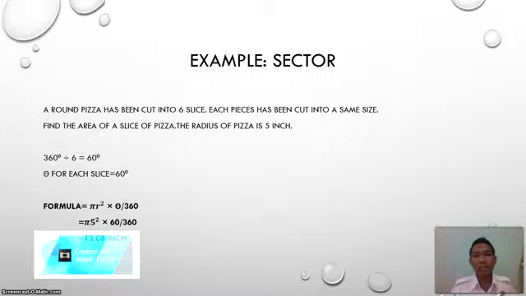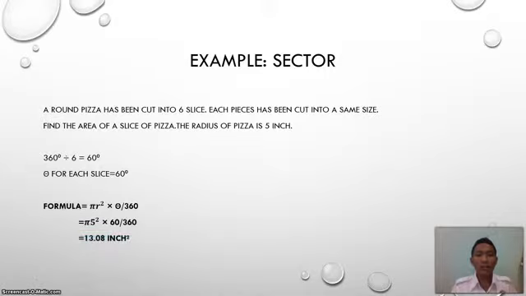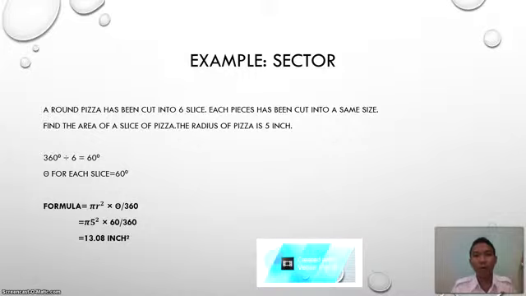So 360 is divided by 6 and you will get 60 degree. So the theta for each slice is 60 degree. So insert the key points that you have now in the formula, which is pi r square times theta divided by 360 degree. When you calculate, you will find that the answer is 13.09 inch square.